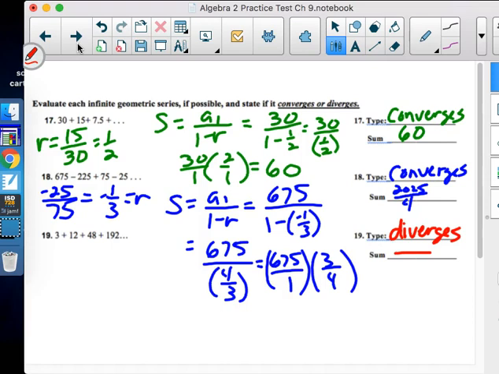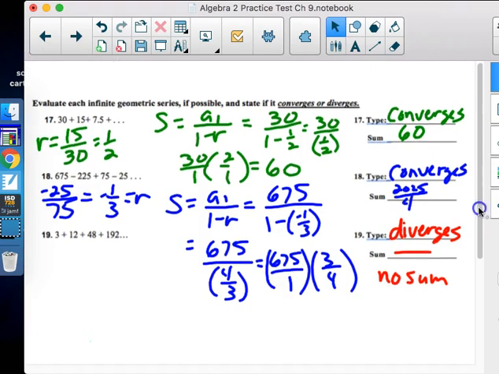You could write no sum. That would absolutely be true. If you really want to write something in that little blank, no sum would be good. Can't find it. That would be another good statement. But we can't write a number, because it's getting bigger and bigger and bigger, and it's never going to stop. That's what the dot, dot, dot is for.